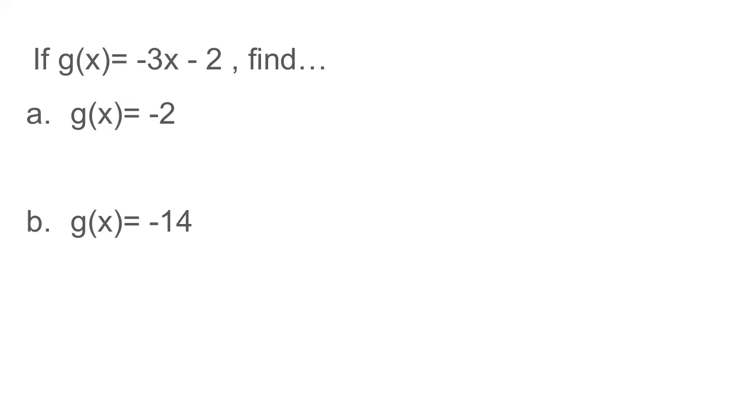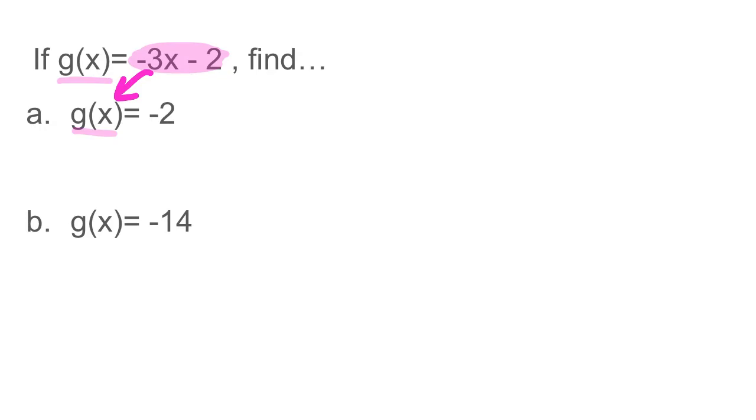So for the next example, it says, if g of x equals negative 3x minus 2, find g of x equals negative 2. So now, instead of having this g of x, I can substitute this negative 3x minus 2 and then solve for the value of negative 2.